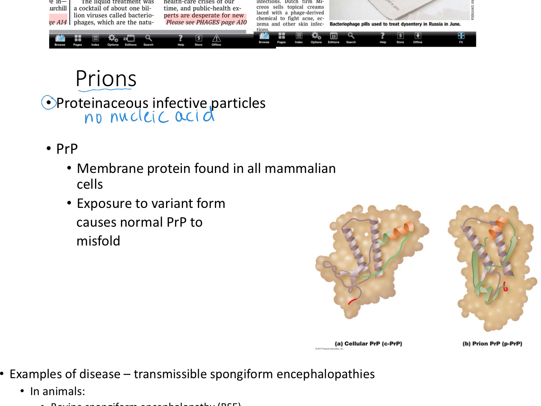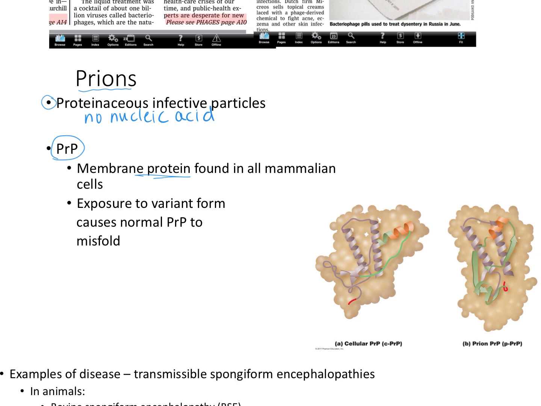Well, we think the way this works, there's this protein that we call prion protein, or PrP. It's a membrane protein that's found in all mammalian cells, and we don't really understand the function of it or why we have it.